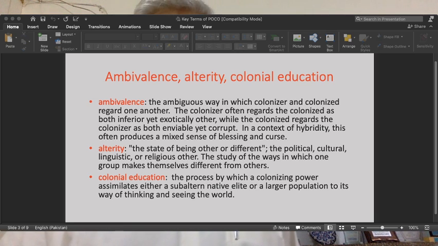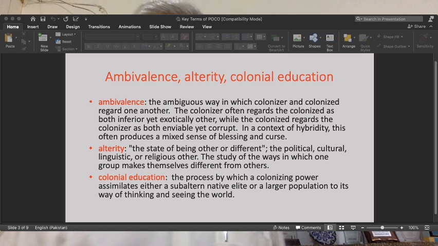For this purpose, political, cultural, linguistic, or religious means can be used by the colonizer to make people realize that they are not part of the colonizer's party, but rather different people who can never be the colonizer, who can never be included in the area called us. Therefore, they are definitely the others. Labeling people in that way is called alterity.